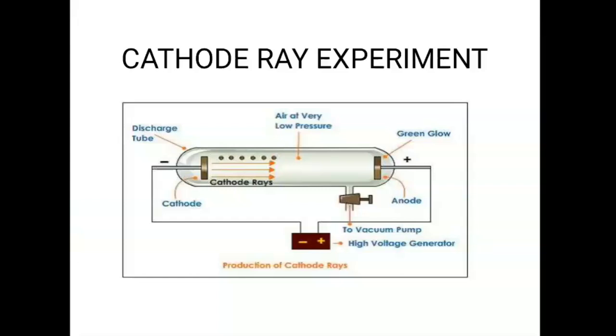Once the gas got ionized, electrons were generated. These electrons again struck the atoms and they again generated the ions as well as the electrons. So in this way, the electrons were generated and they started moving from cathode towards the anode. That's why these radiations were called cathode rays. So cathode rays are the rays which travel from cathode towards the anode, and they are made up of negatively charged particles.